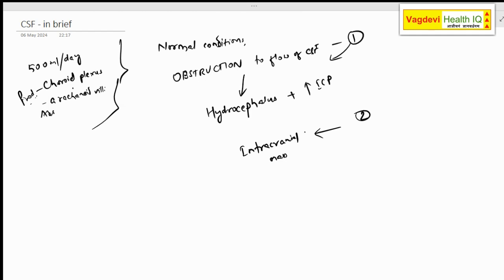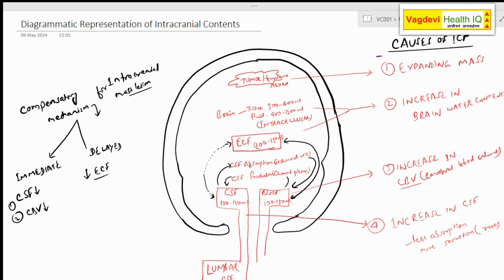Just a minute, I'll go back to that page. Look here. What I was saying: tumor, hematoma, or abscess, any kind of intracranial mass when it is increasing.